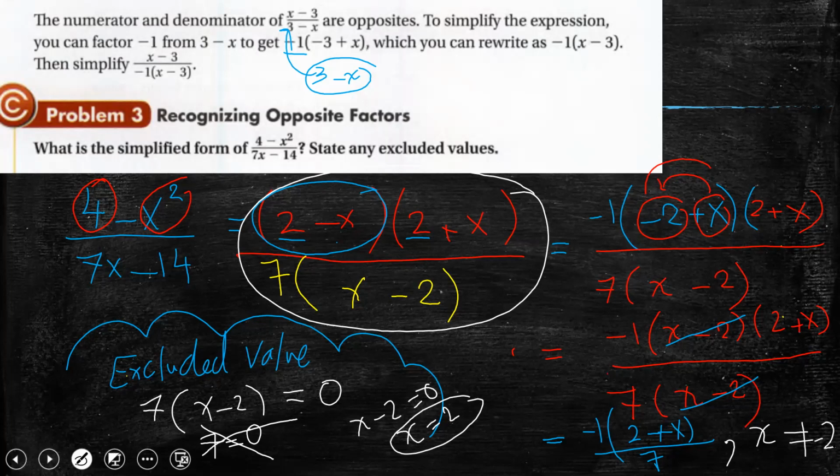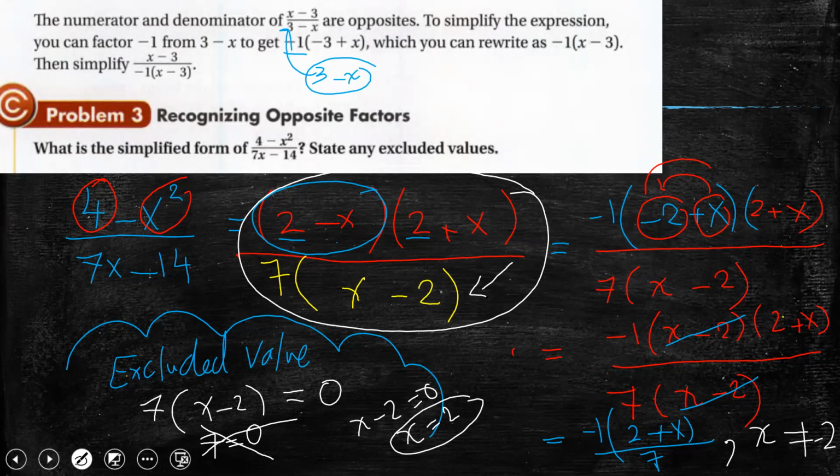Again, miss. Teacher, you said the last thing you said. When you have to find the excluded value, you look at the denominator after factorization before simplification. Where is it? It is here, 7 times x minus 2. Now, if you have a times b equals 0, then a could be 0 or b could be 0.